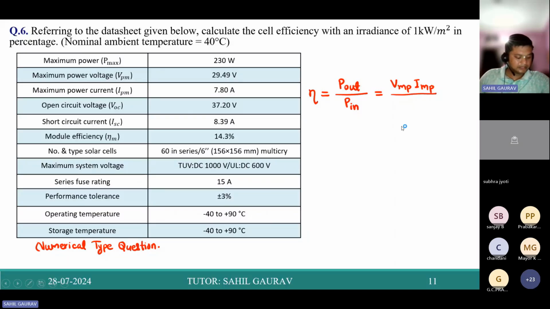So the number of solar cells, the area of each solar cell, and this insolation.